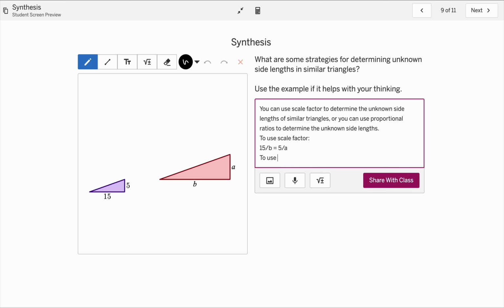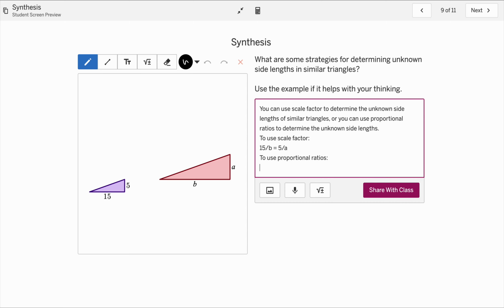To use proportional ratios, it would be 15 over 5 is equal to B over A. Because I'm basically saying that the relationship between 15 and 5, which is 3, is going to be the same divided by 3 or times 1/3.